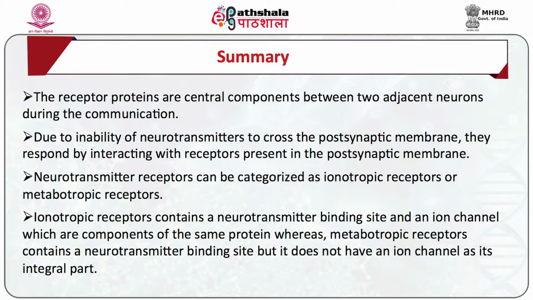Neurotransmitter receptors can be categorized as ionotropic receptors or metabotropic receptors. Ionotropic receptors contain a neurotransmitter binding site and an ion channel which are components of the same protein, whereas metabotropic receptors contain a neurotransmitter binding site, but do not have an ion channel as an integral part.